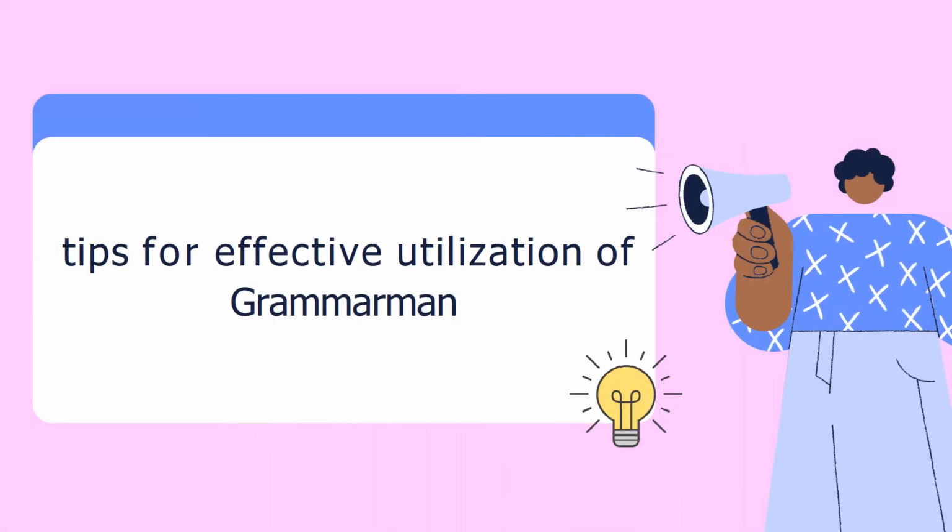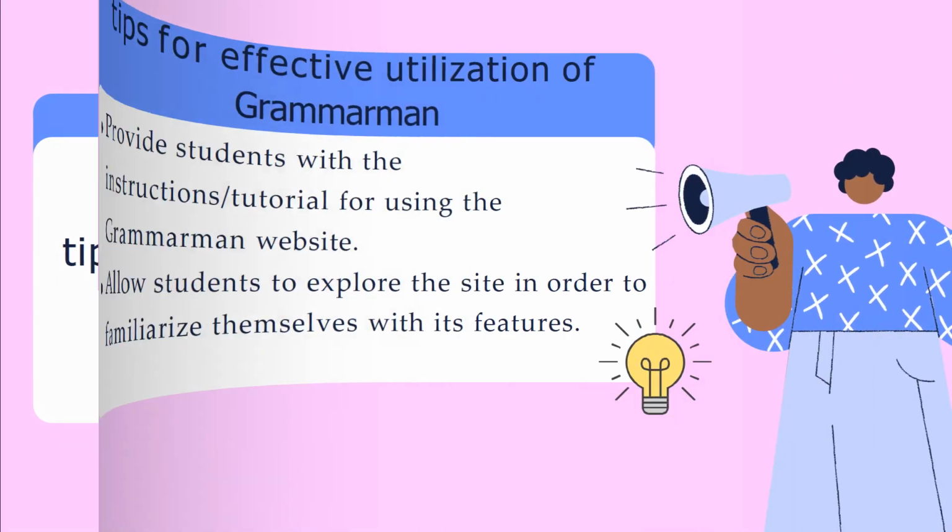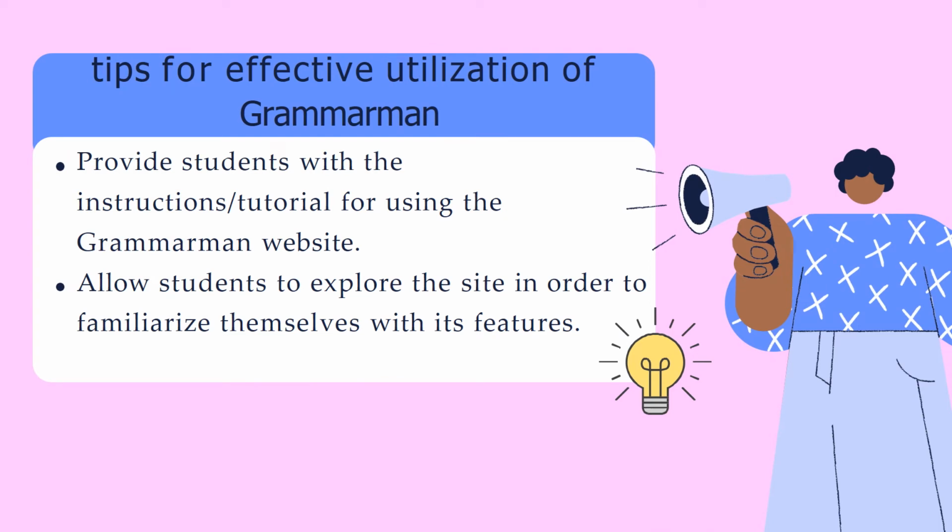Here are tips for effective utilization of Grammarman. Provide students with the instructions or tutorial for using the Grammarman website. Allow students to explore the site in order to familiarize themselves with its features.